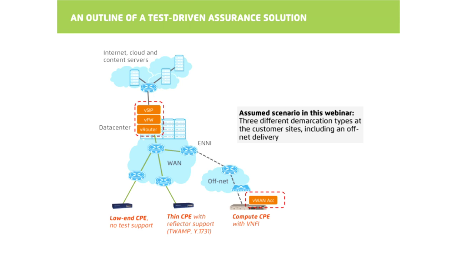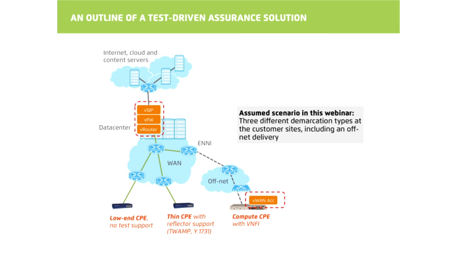The types of demarcations are either a low-end CPE without any test or OAM support; a thin CPE in the middle, which has built-in hardware support for reflectors such as TWAMP or Y.1731; or a more powerful compute CPE, which in the POC that we did was provided by Telco Systems, a distributed VNFI, or distributed VNF POP.